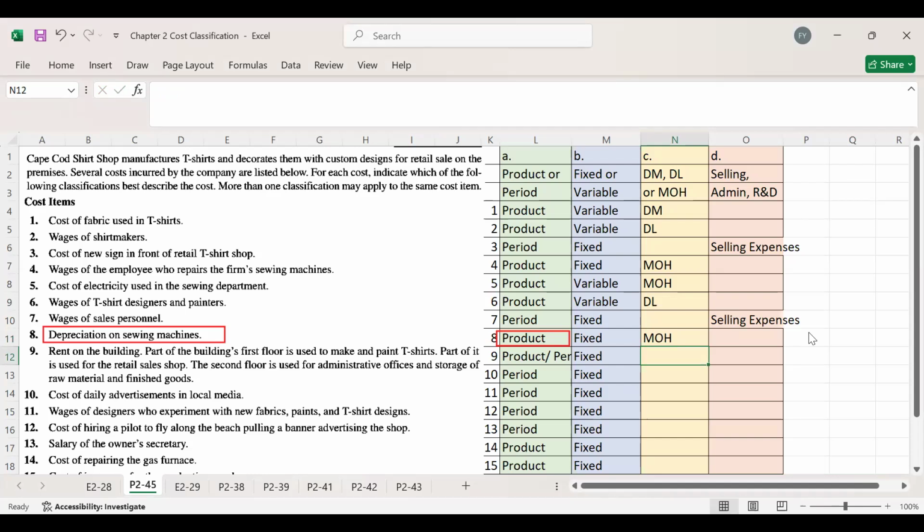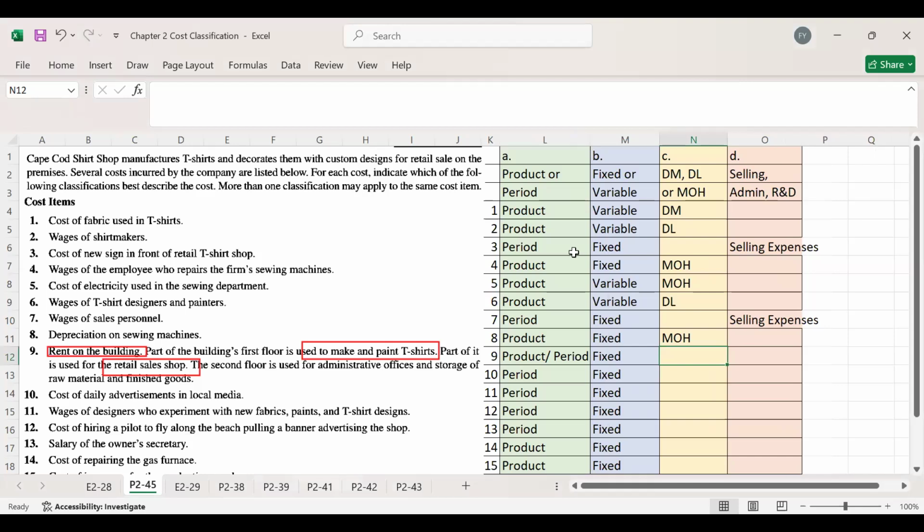The next example is rent on building, where part of the building is used to make and print t-shirts, whereas part of the building is the retail shop. As mentioned earlier, it is a product cost as well as a period cost. We will divide the total rent into manufacturing cost as well as non-manufacturing cost, that is, selling or marketing admin cost.